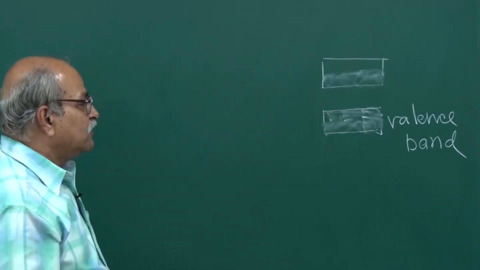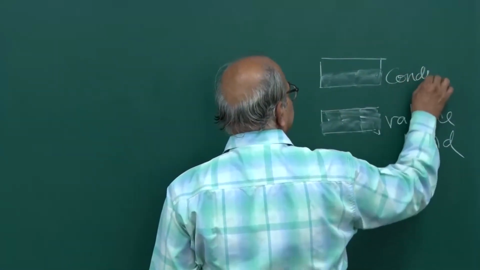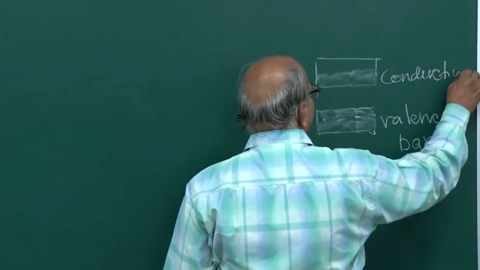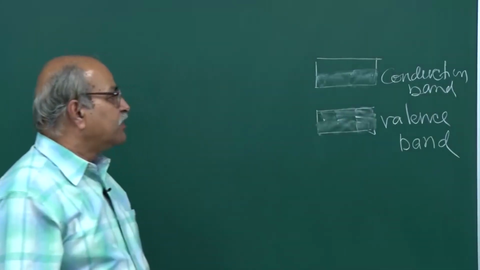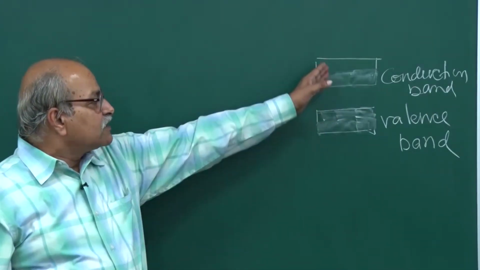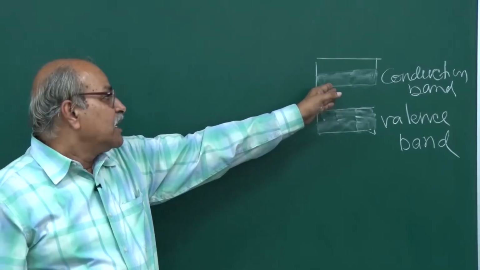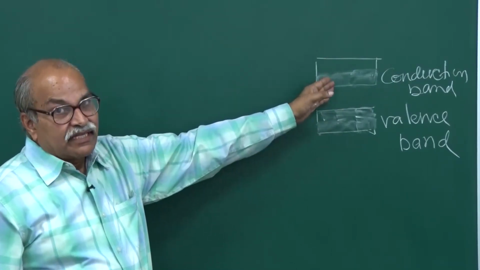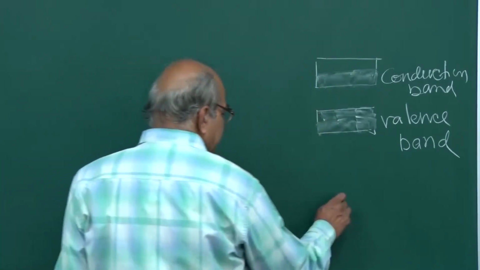Here the conduction band is partially filled, partially empty. You have a large number of quantum states which are filled, that means there are electrons, and you have a large number of quantum states which are empty, and then you have the valence band. So this is one situation. This will be a conductor.